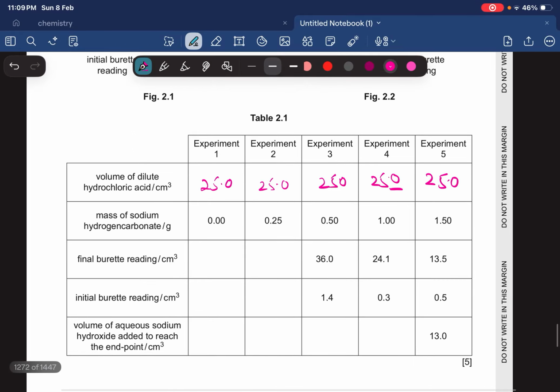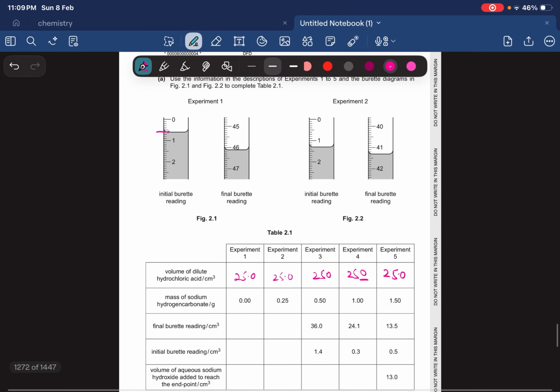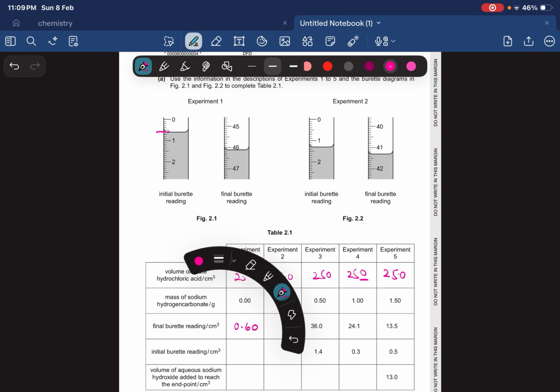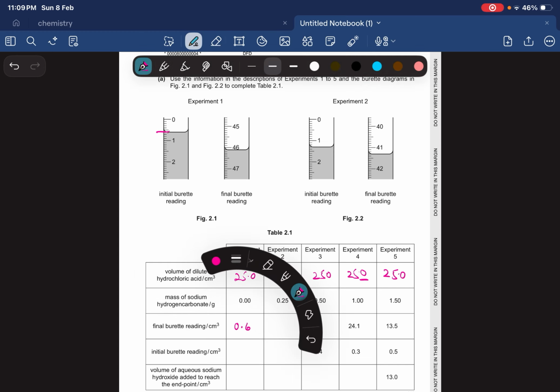Final burette reading, initial burette reading. For experiment 1, the initial burette reading is 0.6, right? 0.60. Okay, final 46.1.